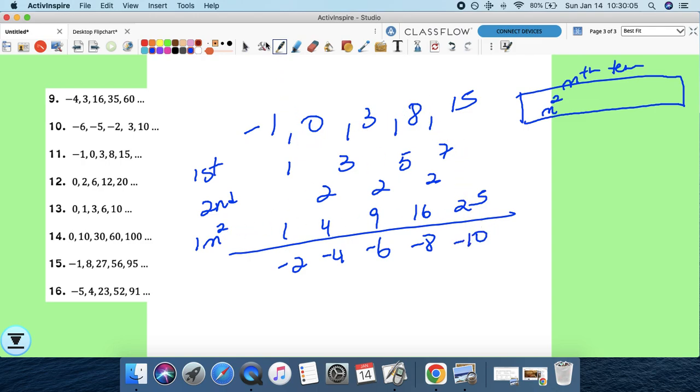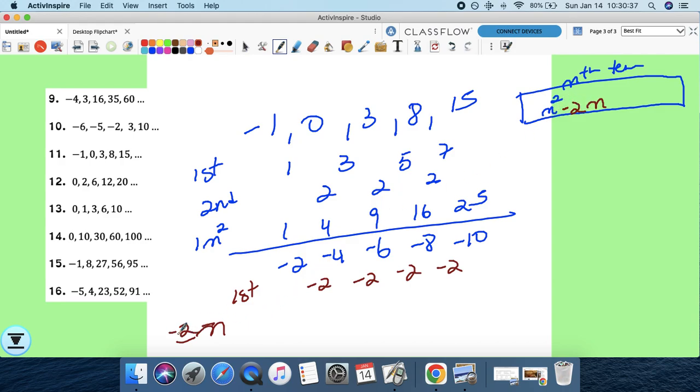So notice that this is a linear sequence, right? It's going to be minus 2, minus 2, minus 2. If we take the first difference, from negative 2 to negative 4, minus 2, minus 2, minus 2, that tells us the coefficient in front of n, the linear part, is going to be minus 2.